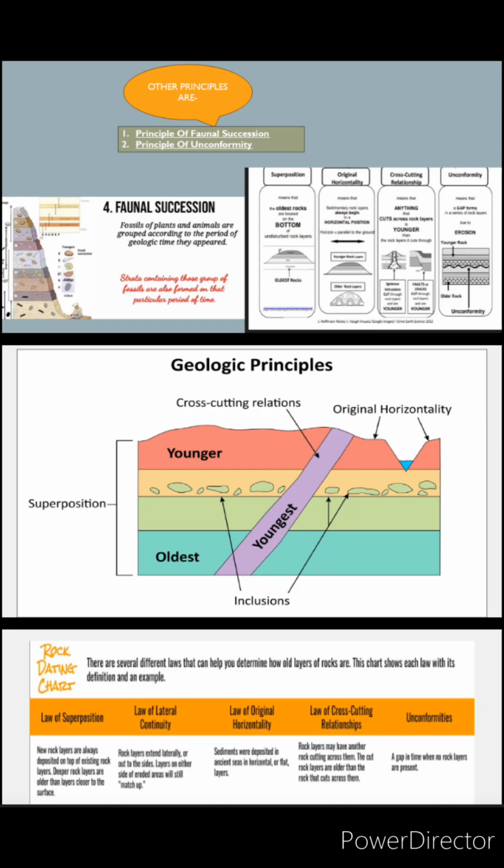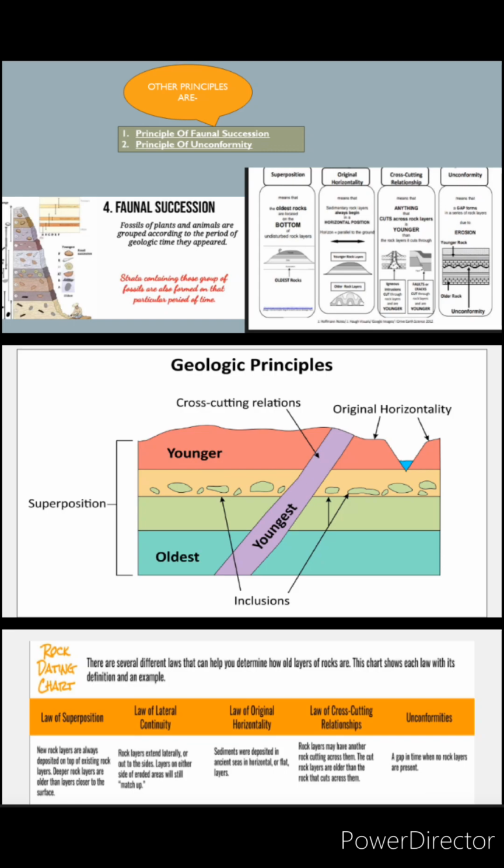Fossils of plants and animals are grouped according to the period of geological time in which they appeared. So faunal succession is a principle of relative dating which states that fossils of plants and animals are grouped according to their evolution in a geological period of time. So these are all the principles of relative dating.